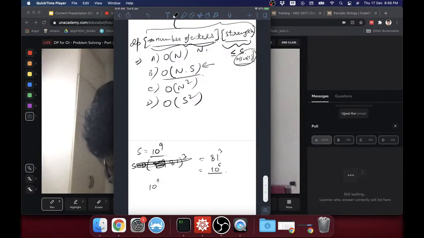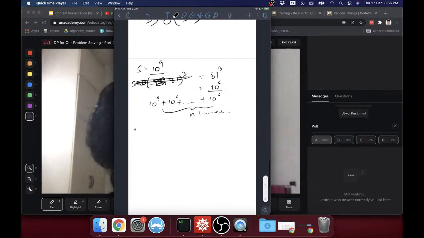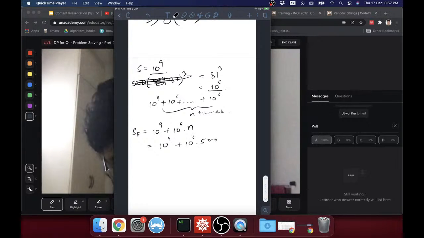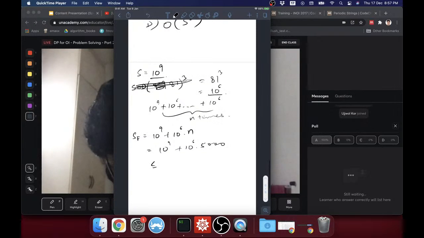So in 10 to the power 9 you're roughly adding 10 to the power 6, and you might keep on doing it n times. So your final strength will be something like 10 to the power 9 plus 10 to the power 6 times n, which is around 10 to the power 9 plus 10 to the power 6 times 5000, which is 5e9. So that's why your strength doesn't increase that much.